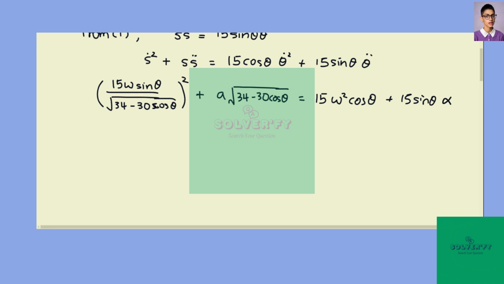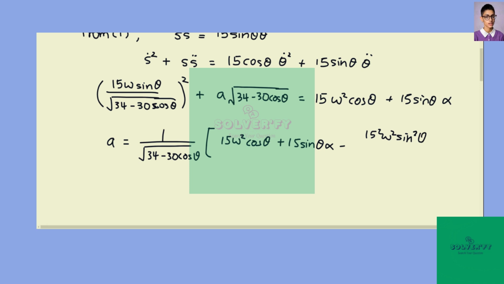So a is equal to 1 over the square root of 34 minus 30 cosine theta, times 15 omega squared cosine theta plus 15 sine theta alpha, minus 15 squared omega squared sine squared theta over 34 minus 30 cosine theta.